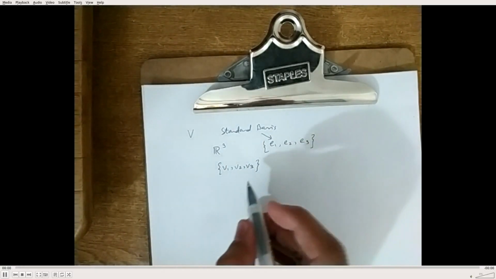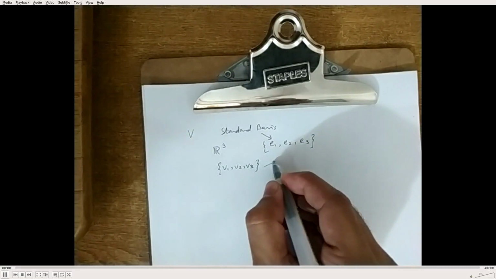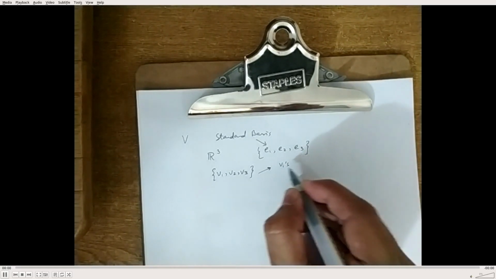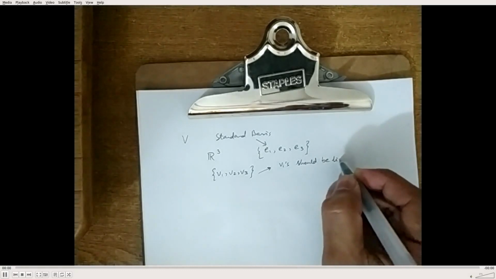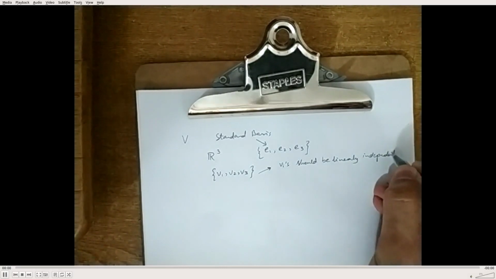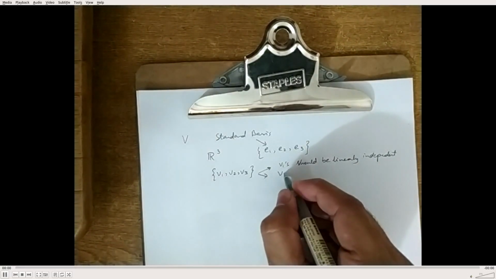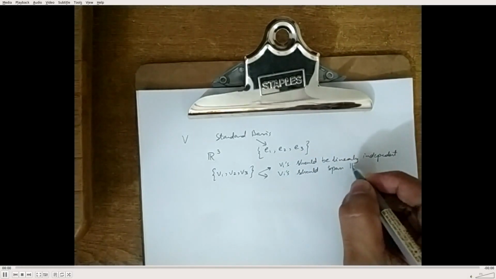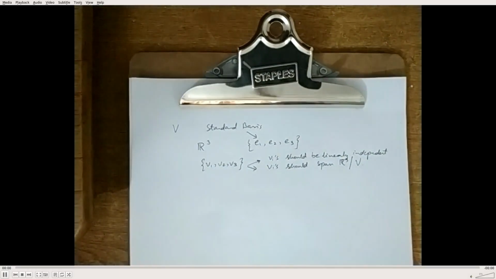Recall that to be a basis, it needs to satisfy two criteria. The first criterion is that the Vi's should be linearly independent. And the second criterion is, of course, that the Vi's should span R3, or whatever vector space you have at your disposal.